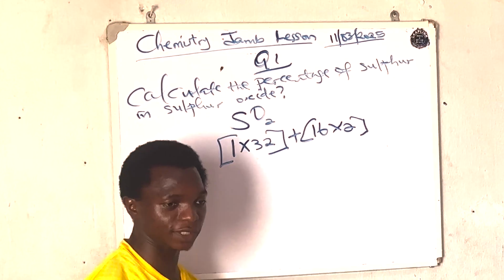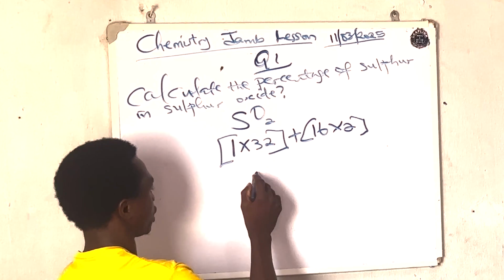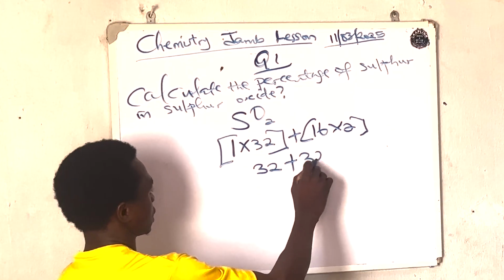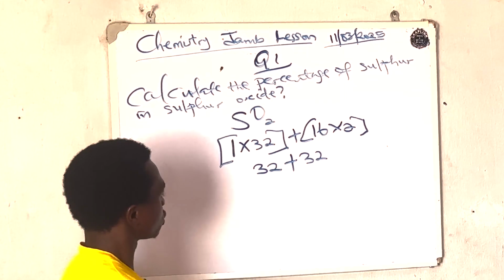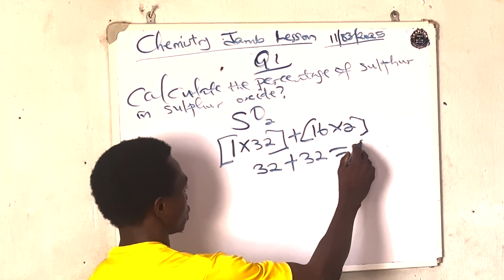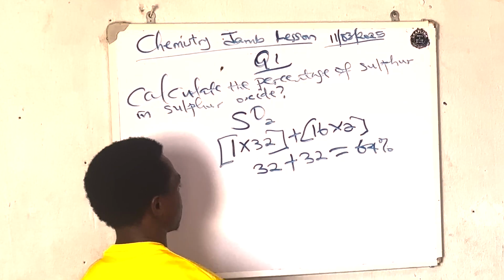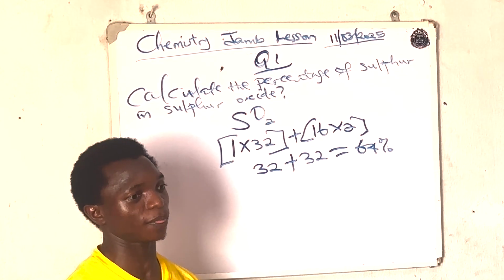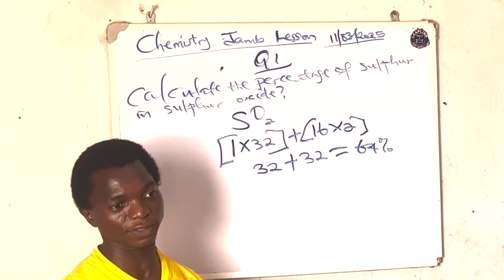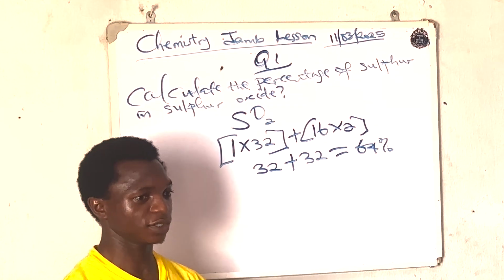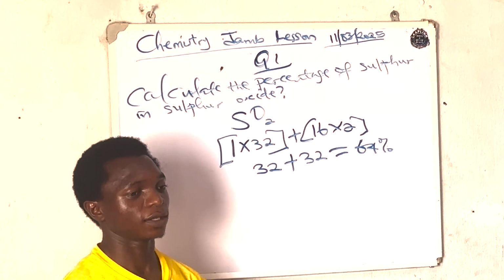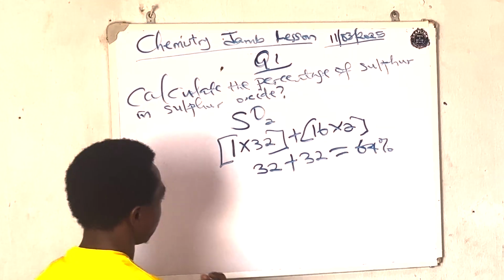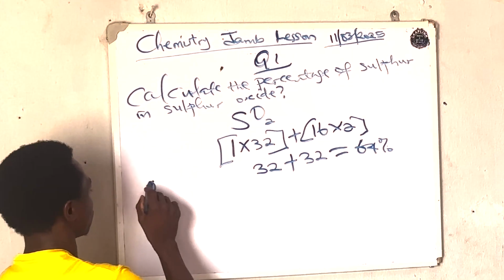If we sum this, it gives us 32 plus 32, so everything is equal to 64. That is the sum of the masses of the individual elements, giving us 64 in all. Now, how do we work out the percentage of sulfur?